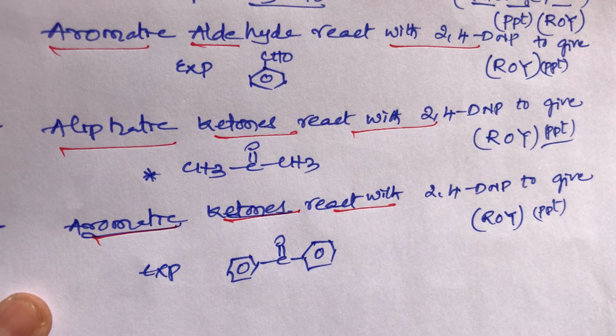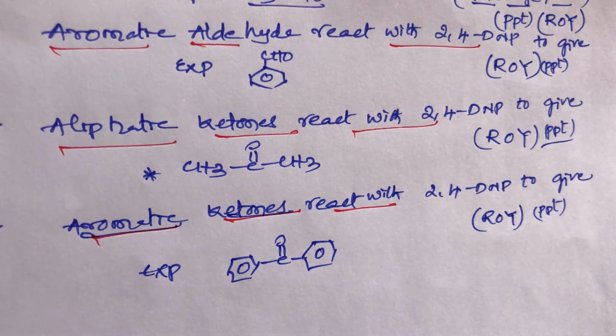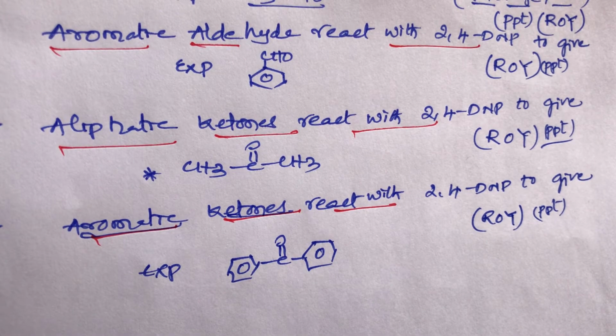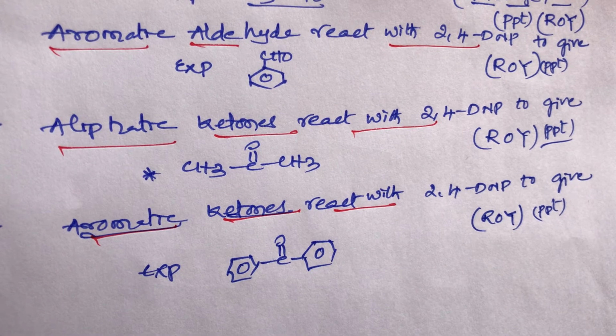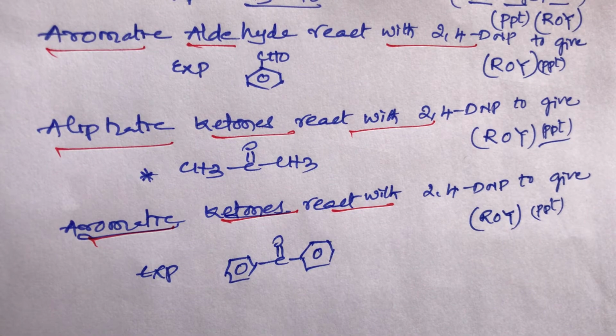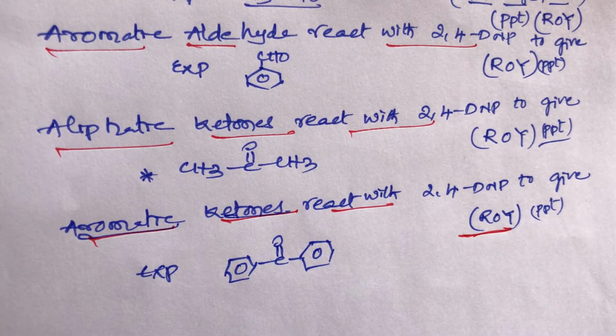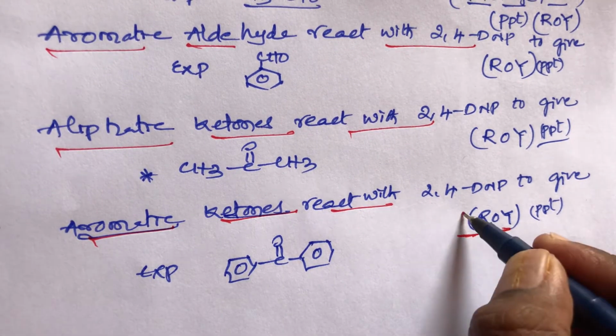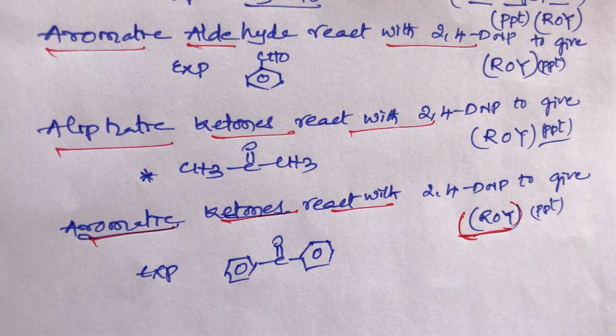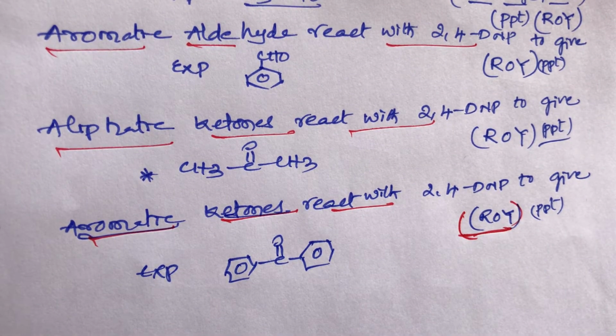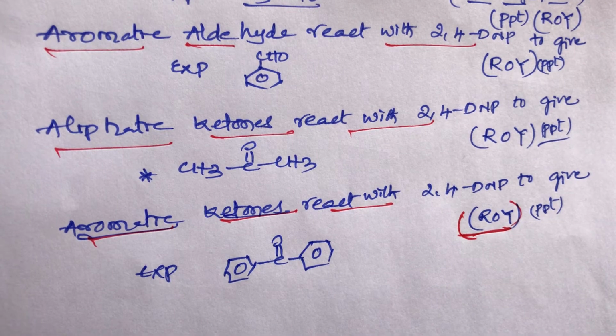Overall, aliphatic and aromatic aldehydes and ketones react with 2,4-dinitrophenylhydrazine to give a red, orange, yellow precipitate, a mixed-colored precipitate. This is the simple trick for the 2,4-DNP test.